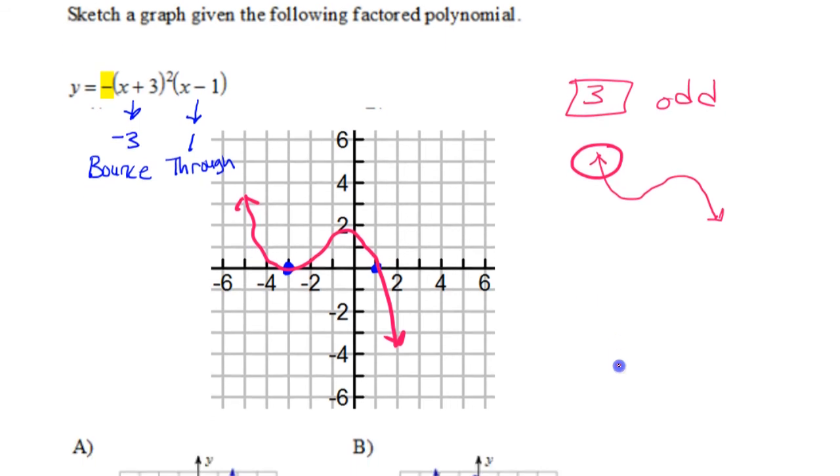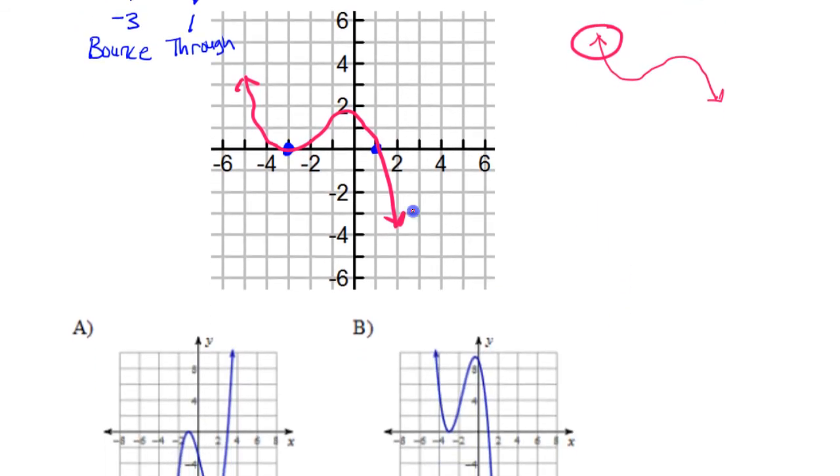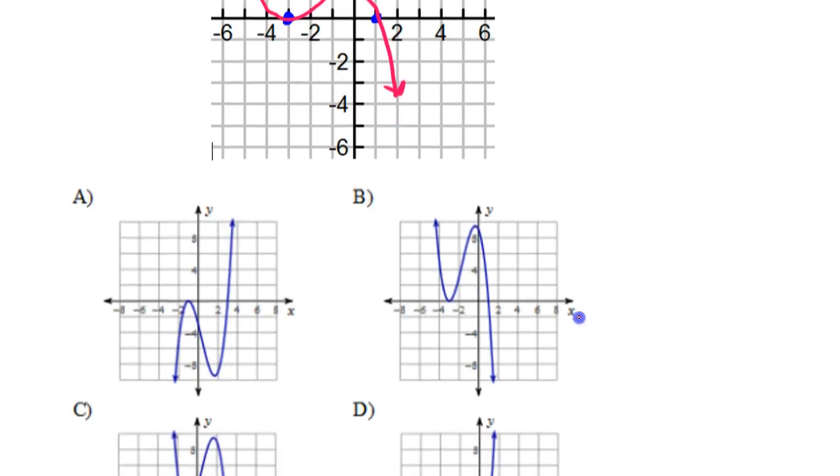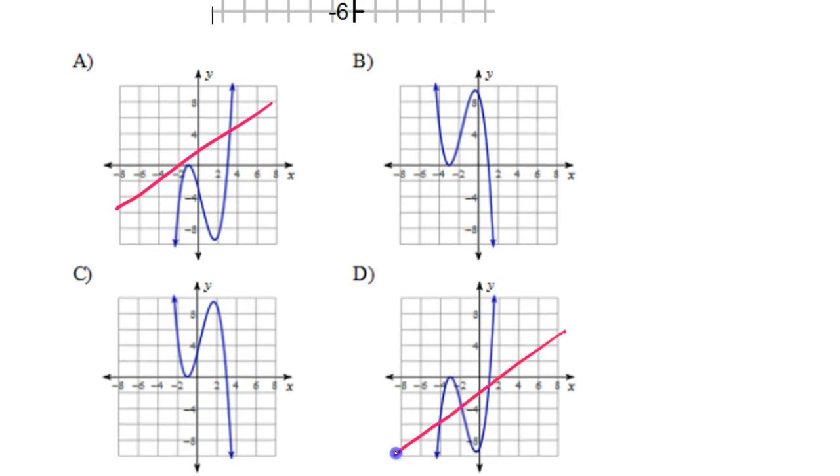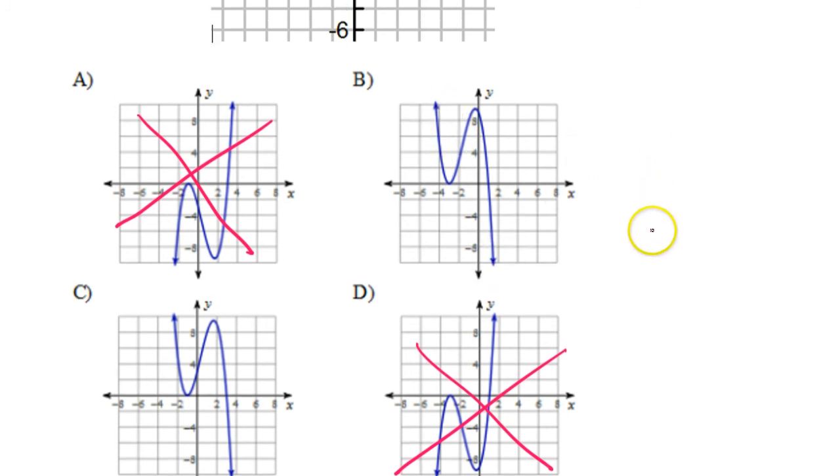Okay, now let's look at the multiple choice options. We're looking for something that goes from high on the left and then low on the right. So that's not A, and that's not D. We can eliminate those. Okay, now B and C both go from high to low.